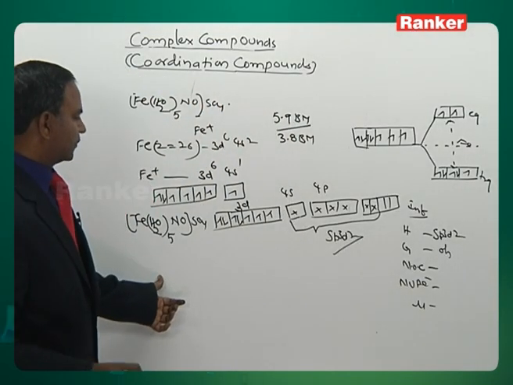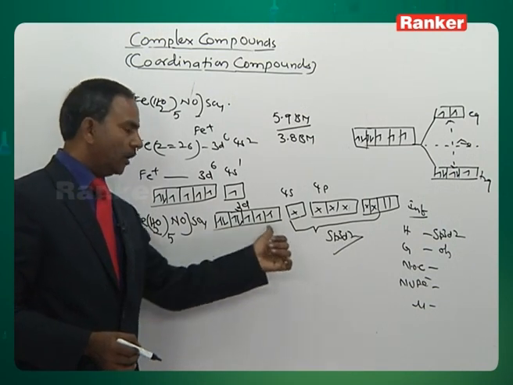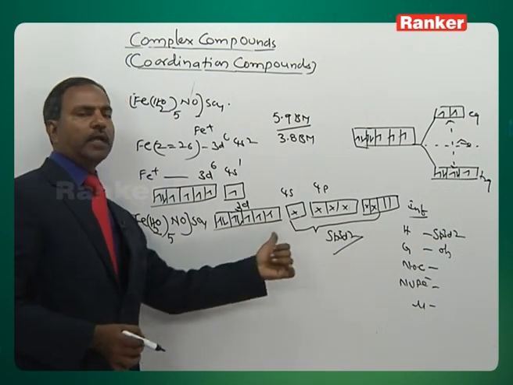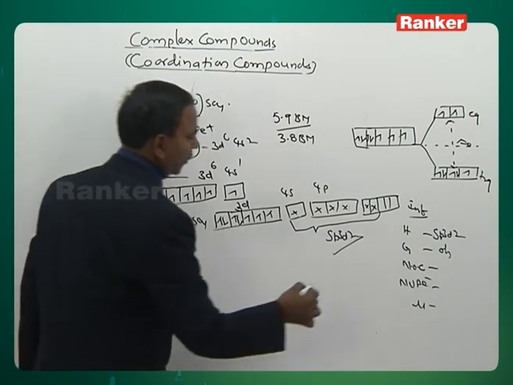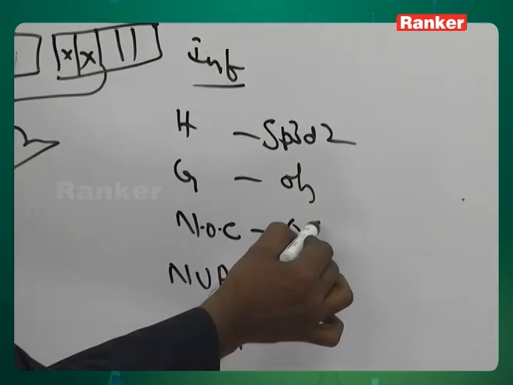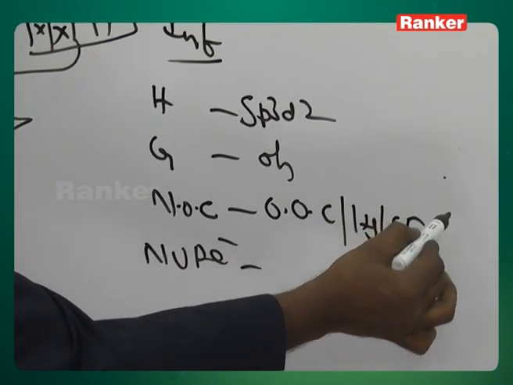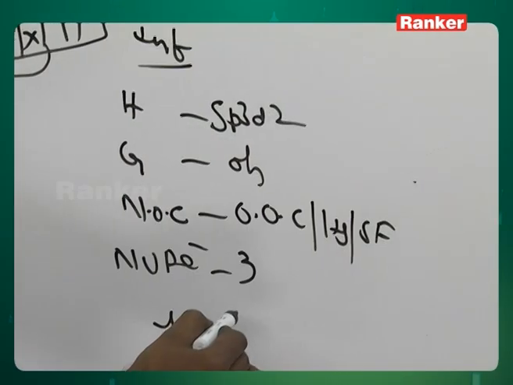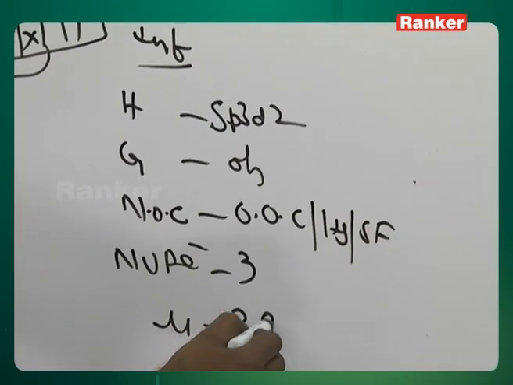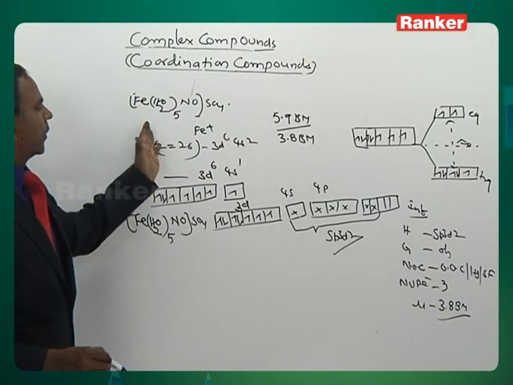Nature of the complex: one electron from s is shifted to d, we agree, but still there is a choice for pairing of electrons, but these electrons are not getting paired. Therefore, you write this is an outer orbital complex, high spin, spin free. Number of unpaired electrons is 3, magnetic moment 3.8 BM.